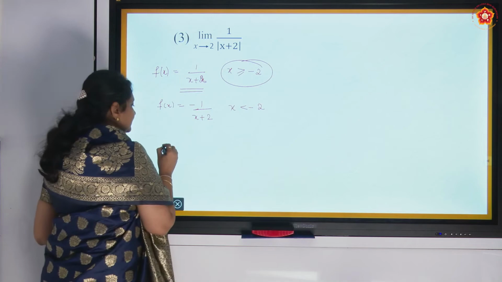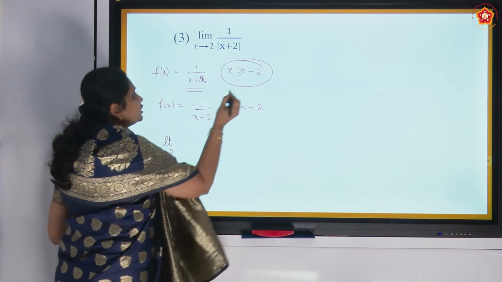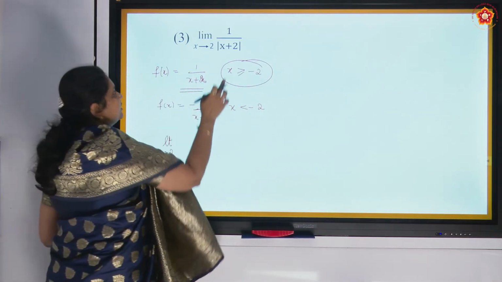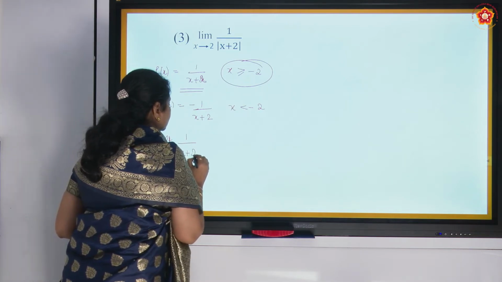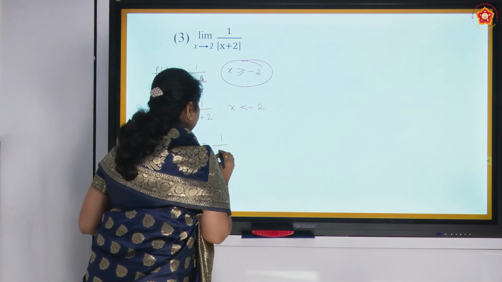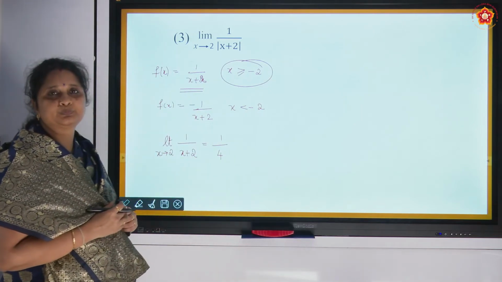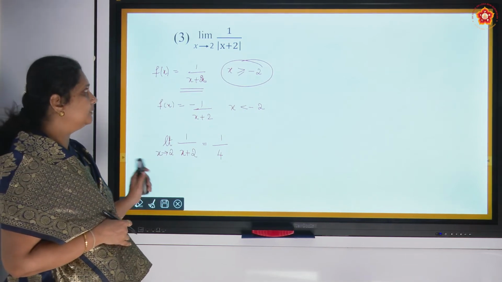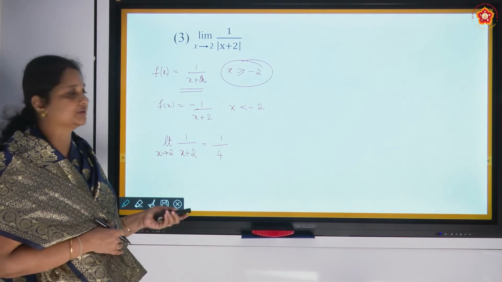So at limit x tending to 2, my function will be this, because 2 is greater than minus 2. So obviously my function is going to be this. I'm going to find the value of this alone. So when I substitute it, I get 1 by 4. This is my limit value. I hope you understand. So we'll move on. This is how you'll have to deal with the absolute value functions.